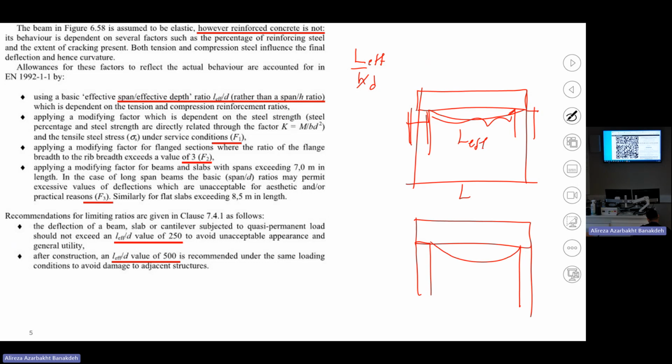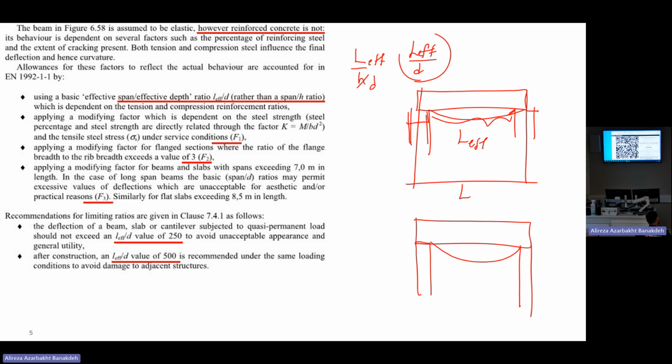So the free length of the beam is called L effective. So it's better to work with the effective length over D instead of L over H, right? So in that case, we will work with L effective over D. This is our key parameter to monitor the deformation.